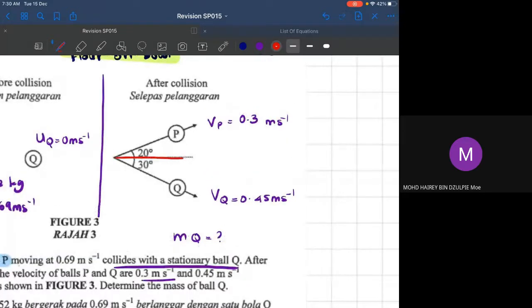So this one I have VP dekat X component, isn't it? And then I have VP dekat Y component. Okay, so kalau Miss resolve dia kan, so Miss resolve ni opposite, ni adjacent, so ni akan jadi VP cos 20, right? Ni resolve biasa je. And then this one akan jadi VP sin 20, isn't it?